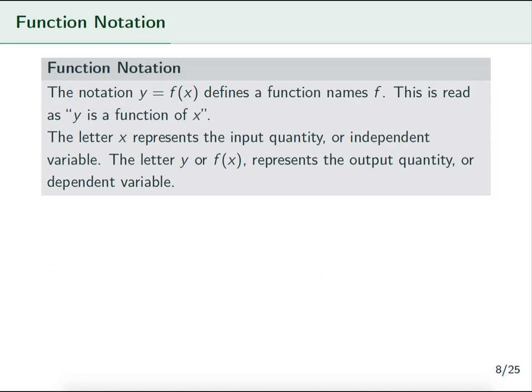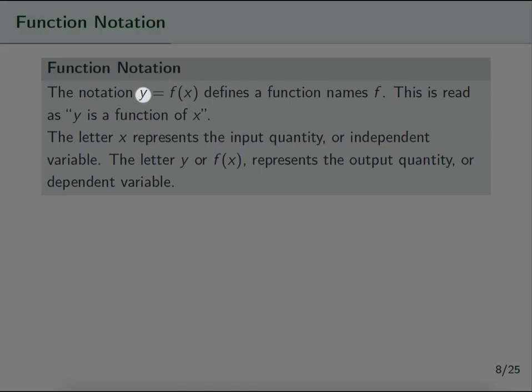So let's look at how we can write a function using function notation. Function notation can be used to write a function given an equation. The notation is y equals f of x. We write y equals f of x here because we use the y-axis as output. So it defines a function named f.